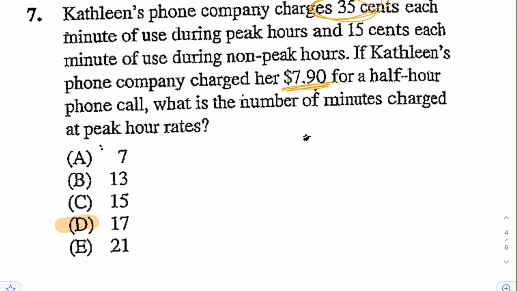So what you have to do is take the time that she used her phone for peak hours. So we can have P equals the number of minutes at peak hours. And what you want to do is multiply that by 35 cents.